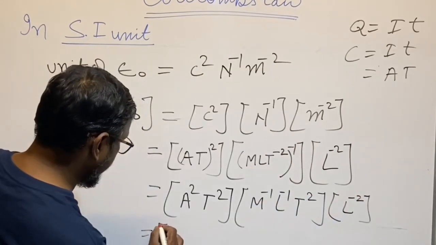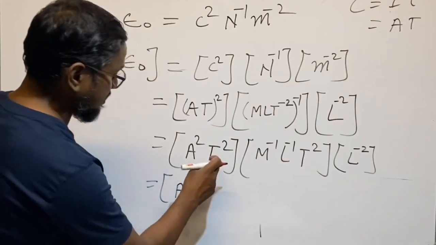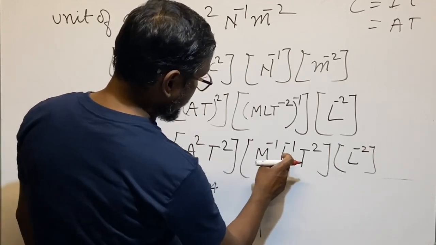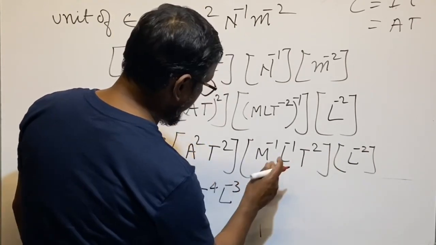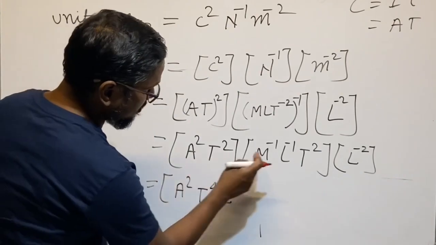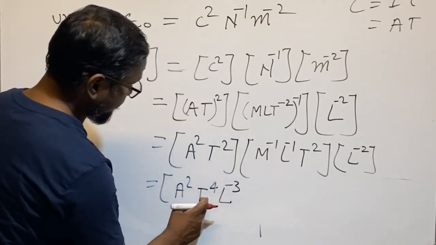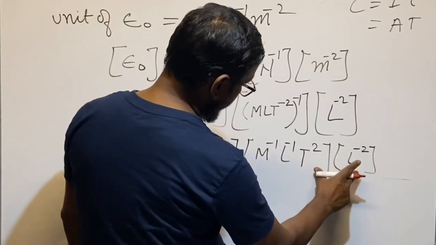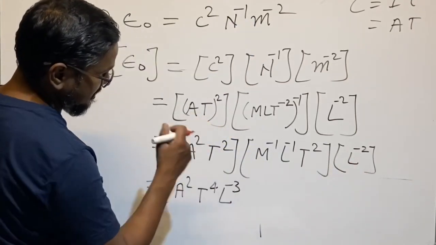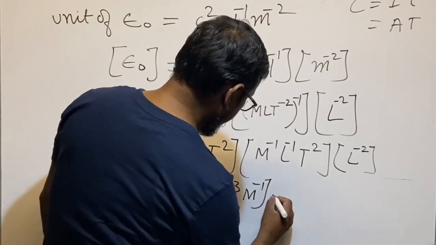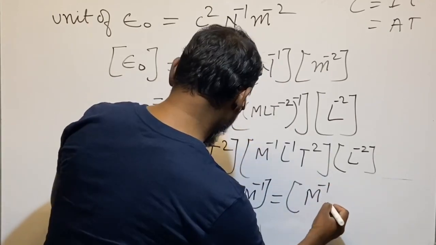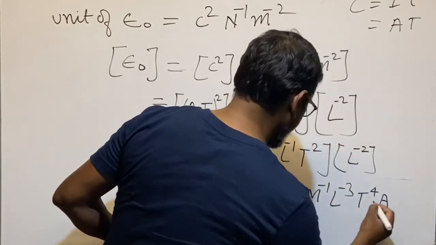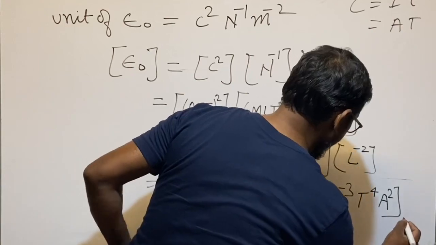If we calculate it, A square stays, T square and T square gives T to the power 4, L to the power minus 1 and L to the power minus 2 becomes L to the power minus 3, and here M to the power minus 1. So its dimension is M to the power minus 1, L to the power minus 3, T to the power 4, A to the power 2. So this is the dimension.